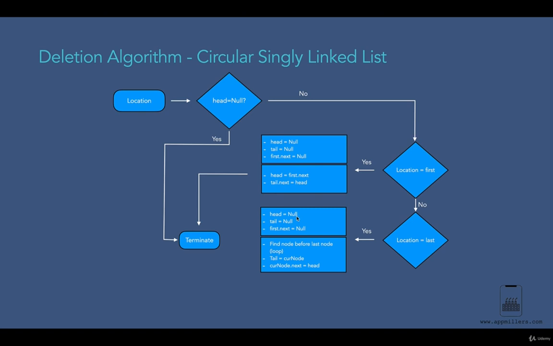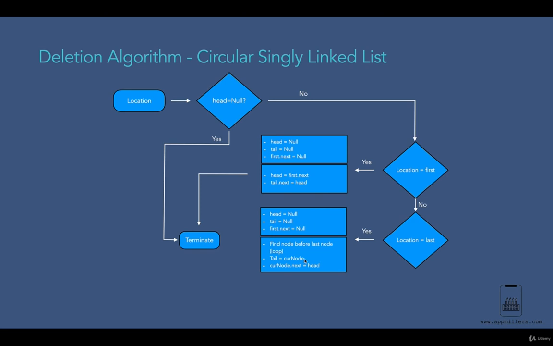If we have only one node, this operation is the same as deleting an element from the beginning of CircularSinglyLinkedList. If we have one element, this element is the first element and also the last element. So by setting all references to null, we can delete this element.